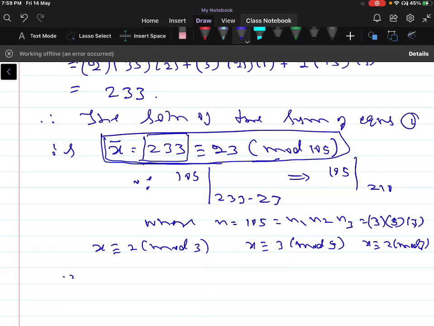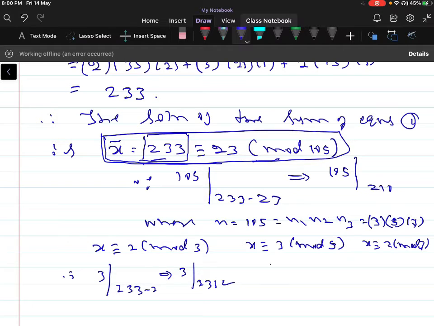We can observe that 3 divides 233 minus 2, so this implies 3 divides 231, and 3 times 77 is 231.